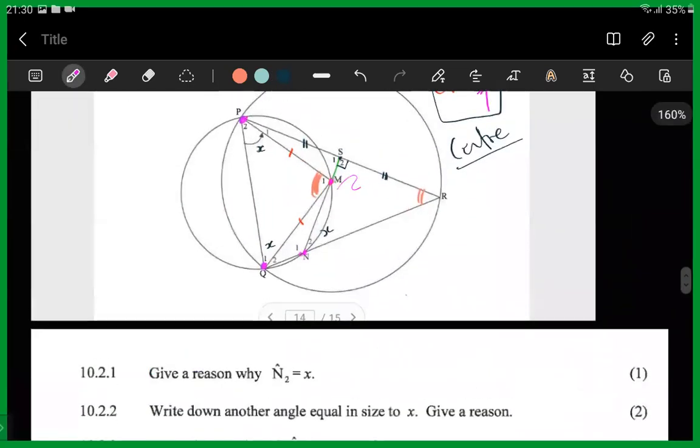Because remember that they told us this is a cyclic quad. It's a circle then. N2 is equal to X. I think I know, but I'm not sure. What do we know about that cyclic quad? What is one of the laws of cyclic quad?